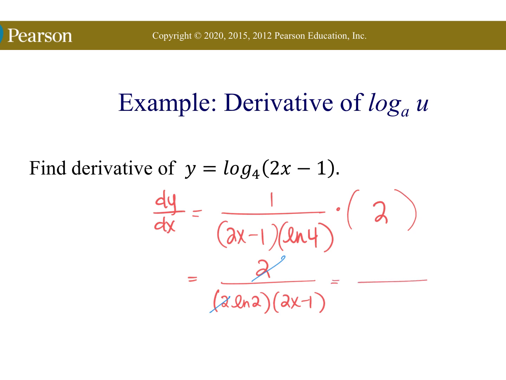So I end up with the simplified version of 1, and then parentheses ln 2, followed by parentheses 2x minus 1. And you just leave it in its parentheses. You don't need to distribute or do anything, just simplify it, leave it like that. Because later you might have to cross multiply, and it's just helpful to have it simple, like not expanded.